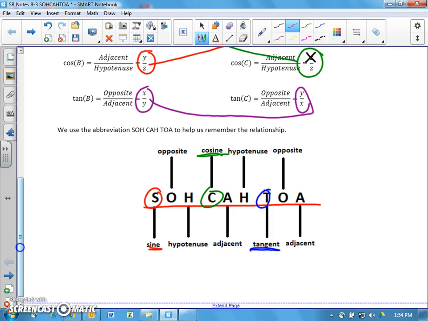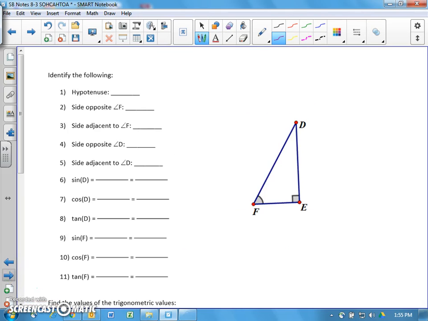So we can remember that sine is equal to opposite over hypotenuse. Cosine is equal to adjacent over hypotenuse. And tangent is equal to opposite over adjacent. This can help you keep your trig functions organized.